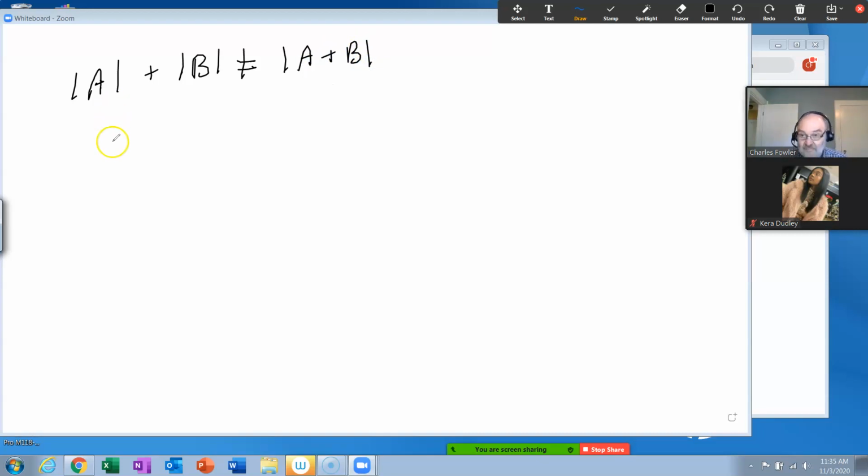Okay, and they give you two really simple examples. Matrix A is 6, 2, 2, 1.